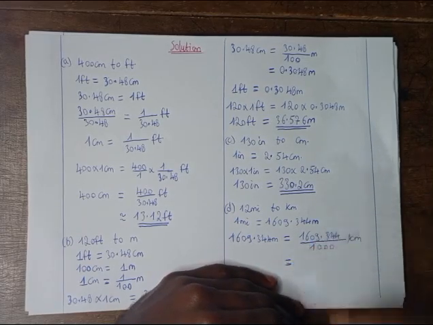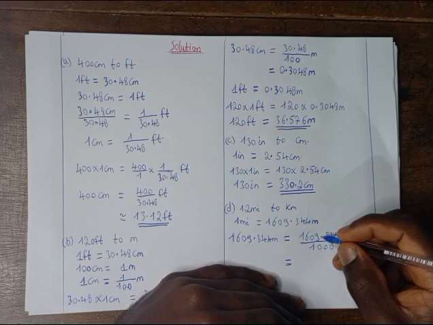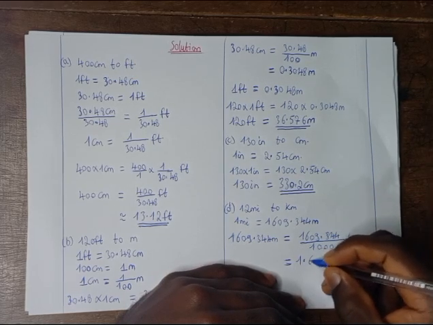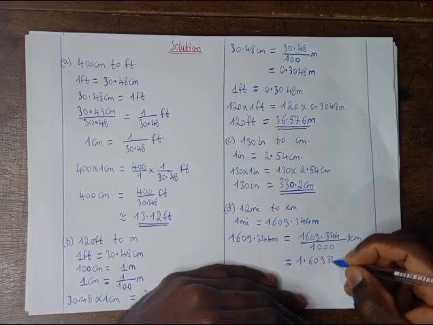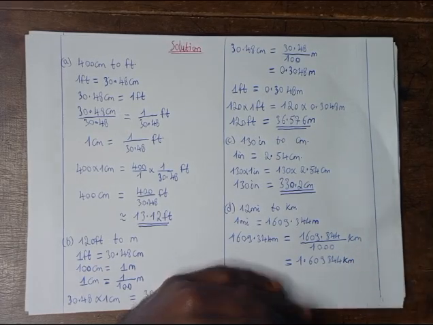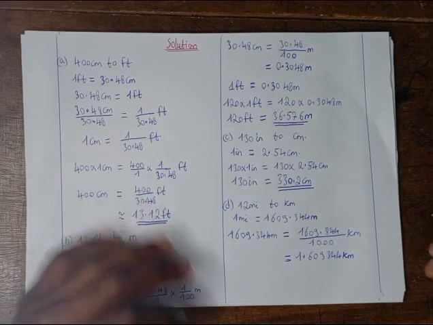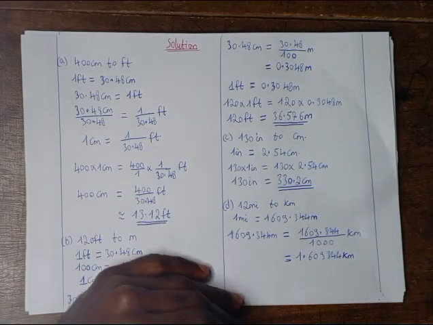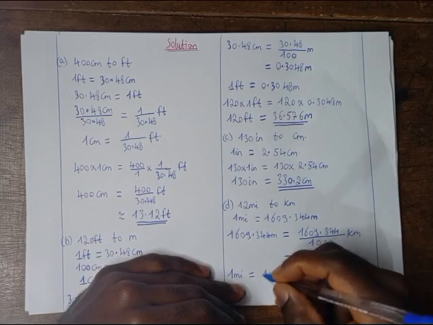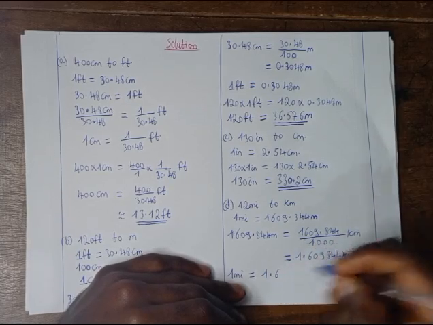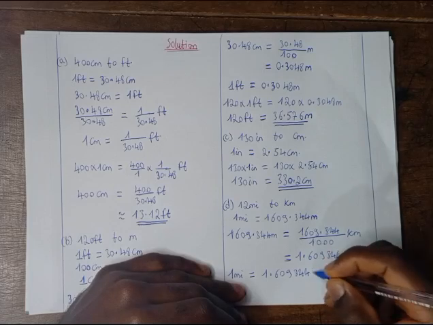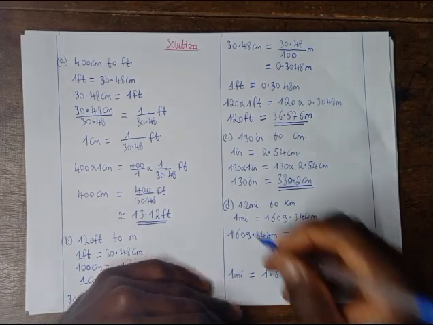So this will simply be equal to, we are going to take this decimal point 3 places to the left, 1, 2, 3. This will simply give us 1.609344 kilometers. As such, next, we know that 1 mile is simply equal to 1.609344 kilometers.